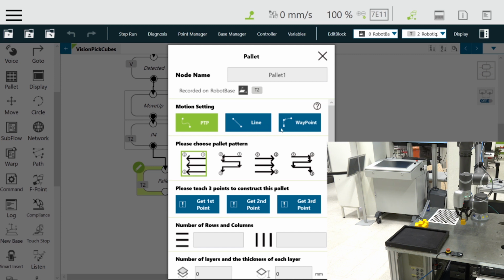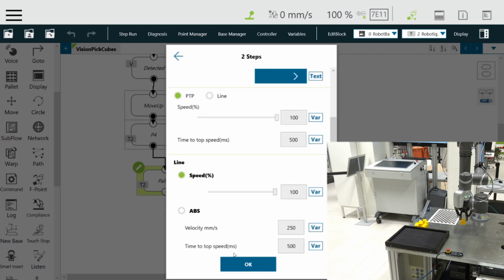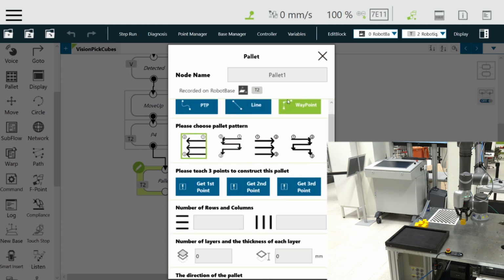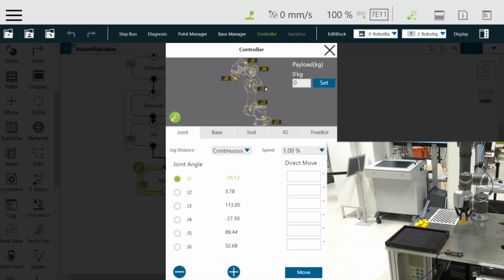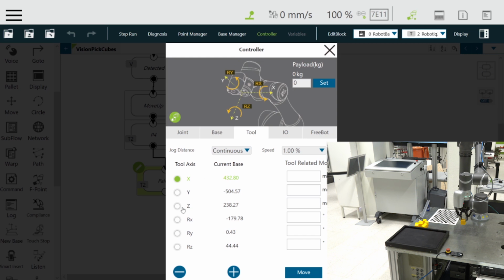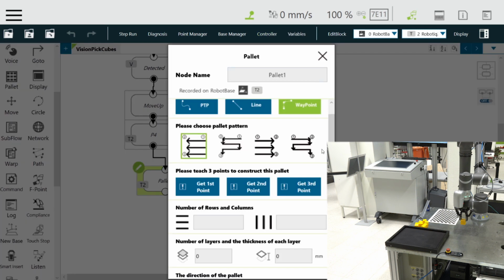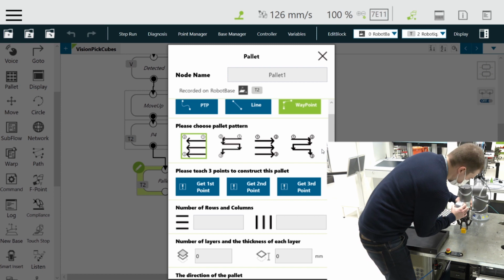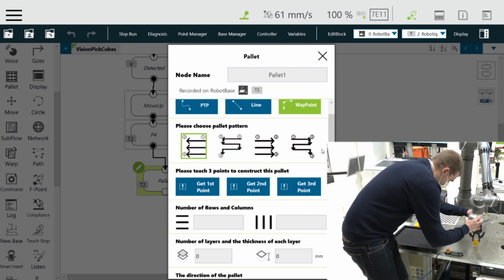The pallet node contains all needed properties like pallet pattern, rows and columns, area for palletizing, and number of layers. So with traditional industrial robots, we quite usually have to do the palletizing by ourselves. But here we have all the correct moves for palletizing.